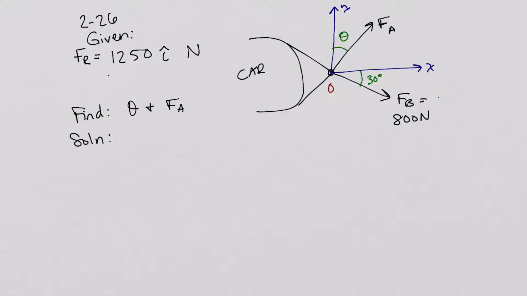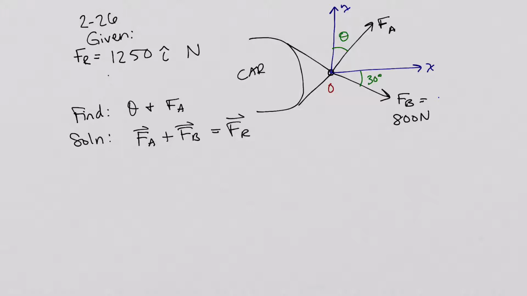So because it's the resultant force, we know that FA plus FB is going to equal that resultant force. So one way to do this would be just to write these out in Cartesian form.